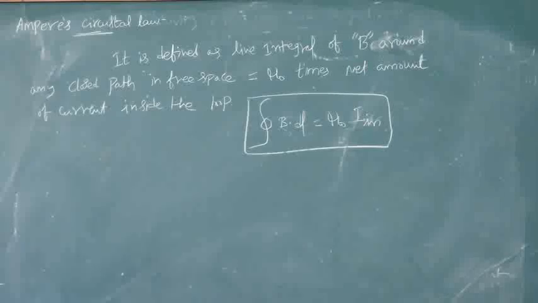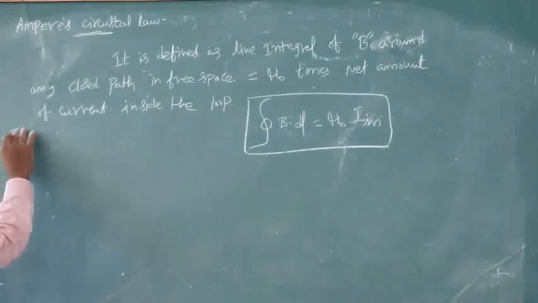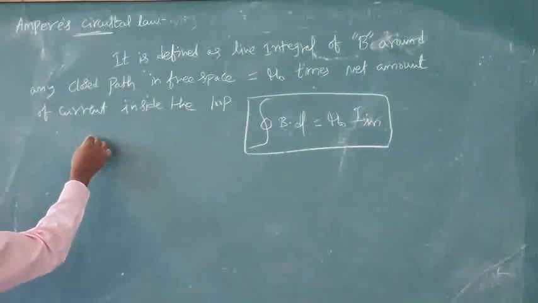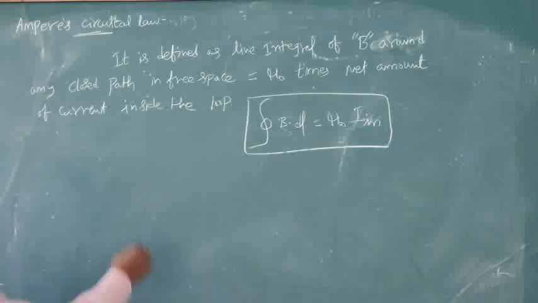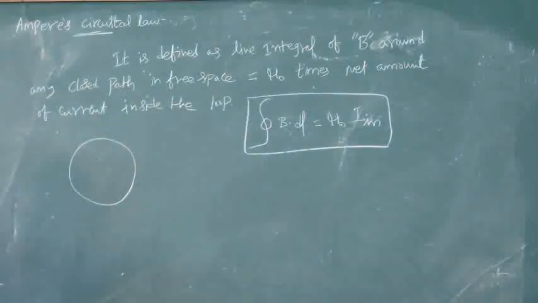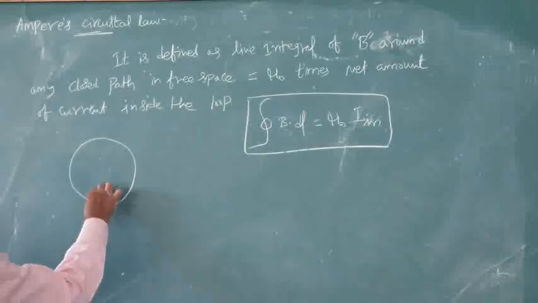So a small derivation was there for this one. Consider a circular loop of a current carrying conductor.